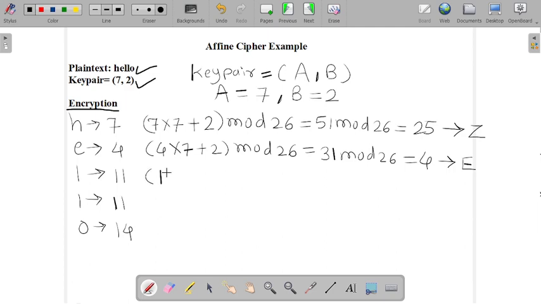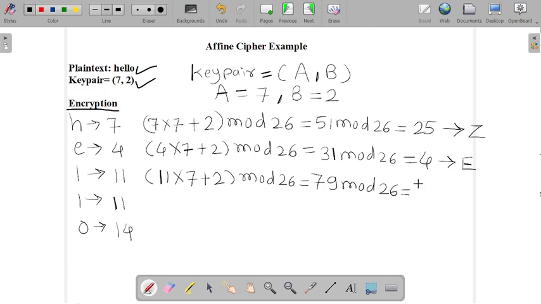Again, for 11, 11 into key A, that is 7, plus B, that is 2, mod 26. So 11 into 7 is 77, plus 2 is equal to 79, mod 26.